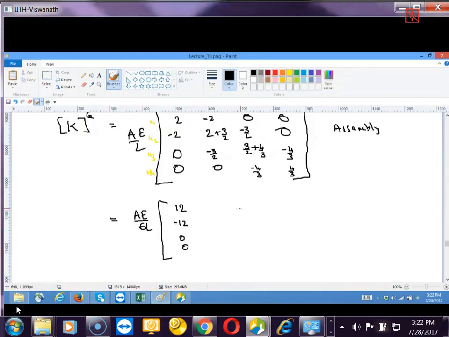This is 12 plus 9, which will make it 21. You multiply with 9, it will be minus 9, 0, 0, minus 9, and this is 9 plus 8, 17.